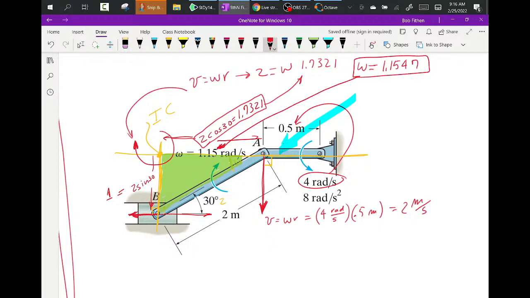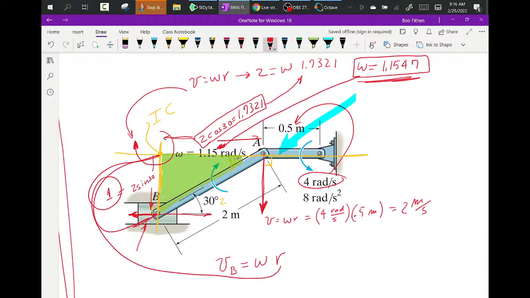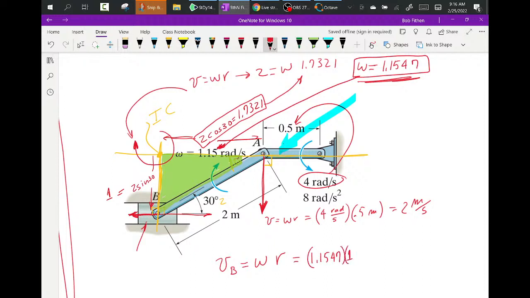Now, what's the velocity at point B? Now that we know this is omega, well, again, B is on this piece of green triangle right down here, and so the velocity of point B would be equal to omega times a different r, this r being the distance from the instant center to the point. 1.1547 times 1 tells me that the velocity of that point is like so.